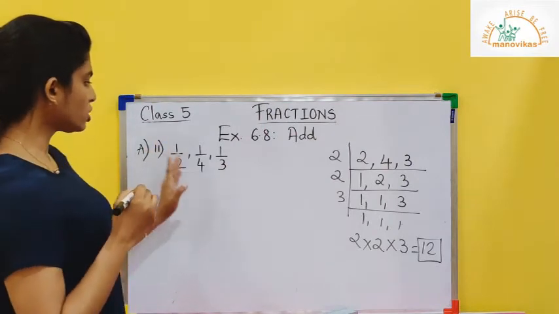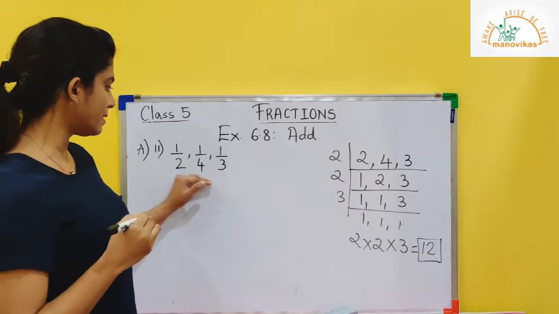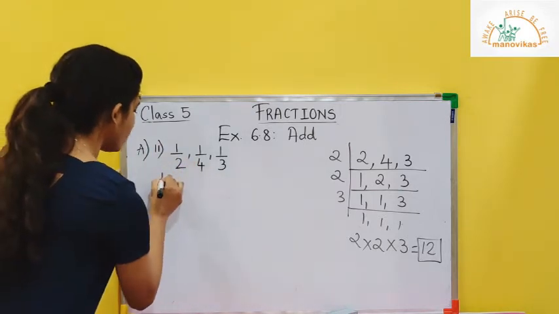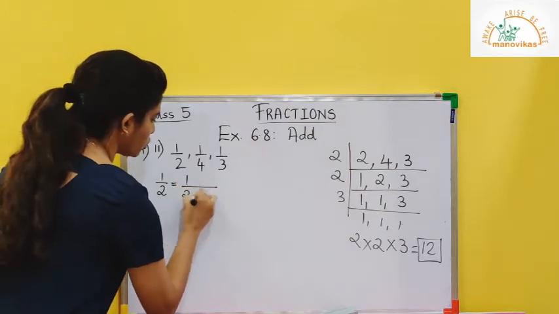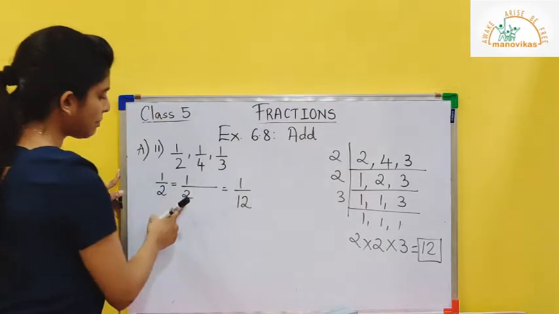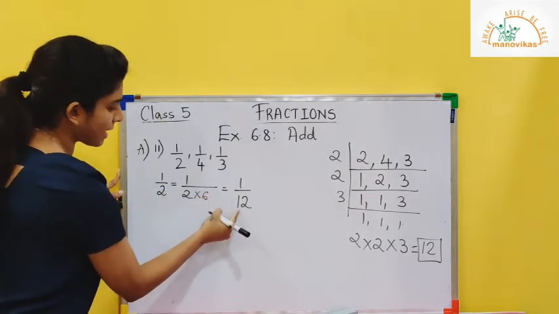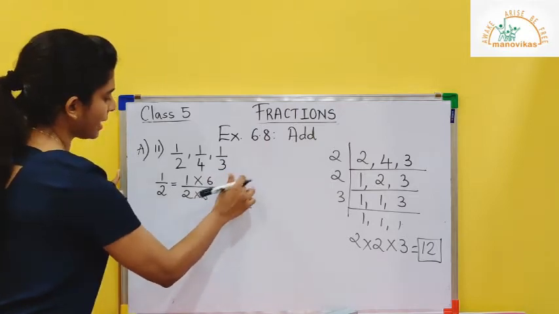Now I have to change all these three unlike fractions. I have to make this denominator same. Now I will bring 1 upon 2 first down. So 1 upon 2, the denominator should be 12. If I multiply this 2 with 6, I will get 12. Multiply the same 6 in the numerator, I will get 6.